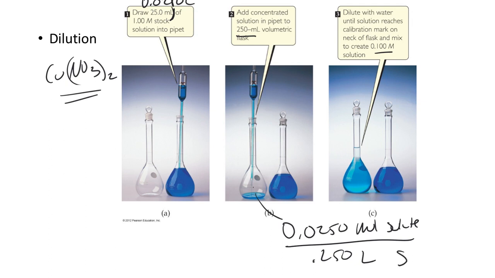We started from 25 mils and presumably added about 225 mils of water to get to this total volume. So 0.025 divided by 0.25 is 0.1 molar. So we've gone from 1.0 molar to 0.1 molar.